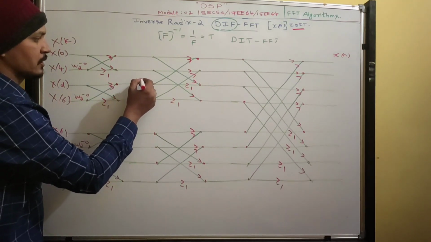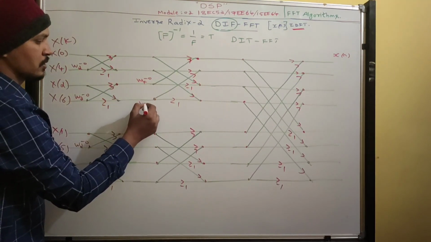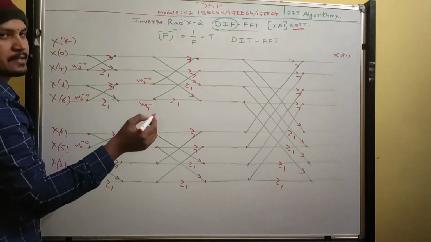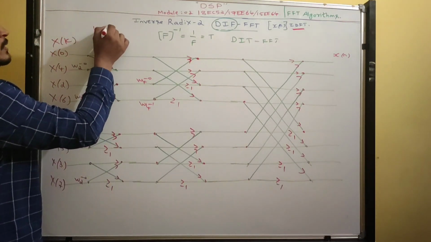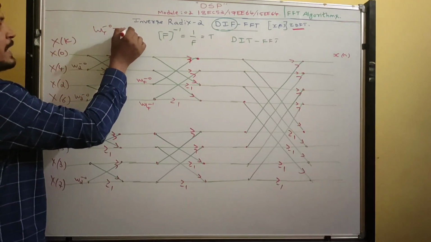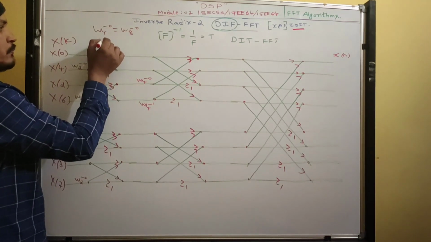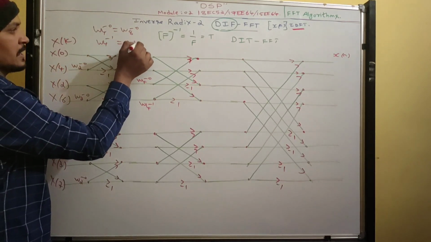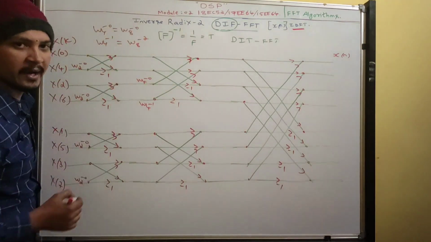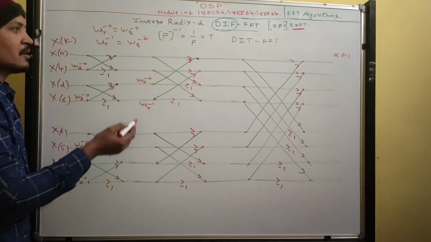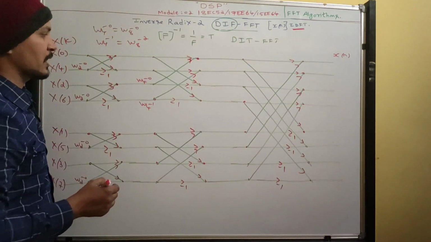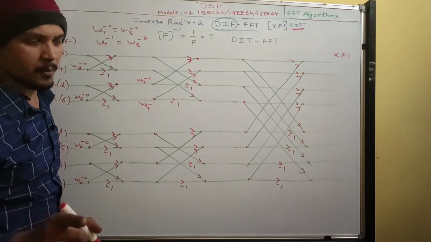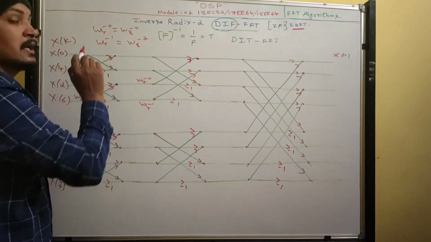Next, -1, -1. Since it is 4-point, write W4 power -0, W4 power -1. Some books write W4 power -0 as W8 power -0, and W4 power -1 is written as W8 power -2. Both are the same. If you know the periodicity property, this can be written like this.